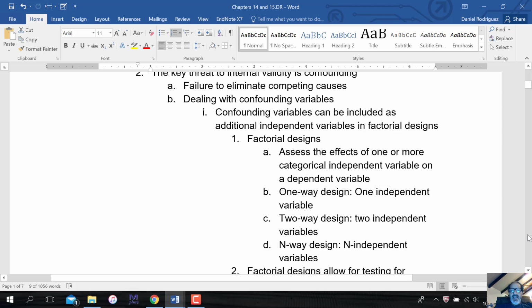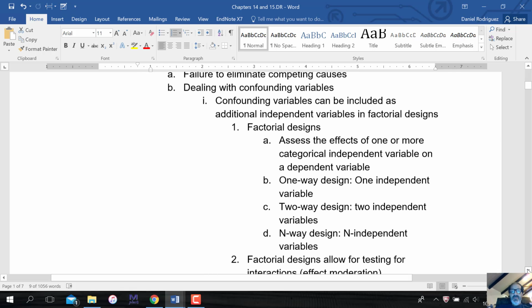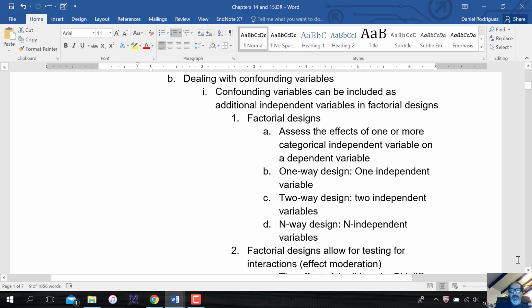In experimental designs, one way to control for confounding variables is through a factorial design. Factorial designs occur when we have more than one independent variable and a dependent variable. Our independent variables have to be categorical.